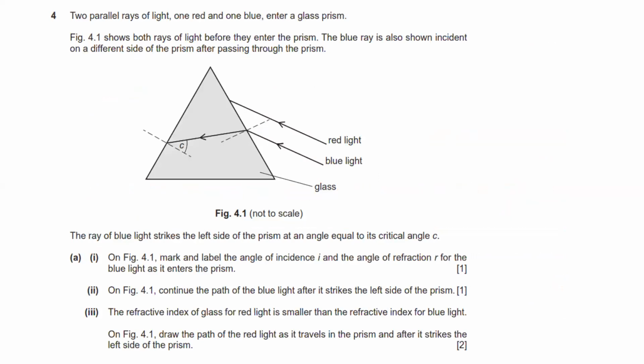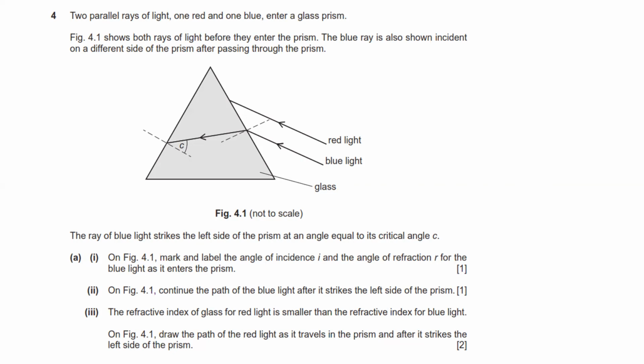So moving ahead, question number 4, it says two parallel rays of light, one red, one blue, enter a glass prism. Figure 4.1 shows both rays of light before they enter the prism. The blue ray is shown incident on a different side of the prism after passing through the prism.